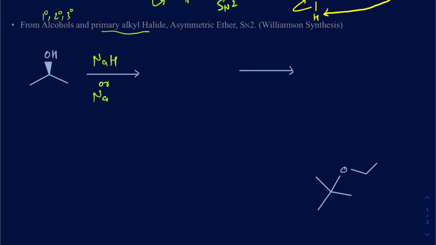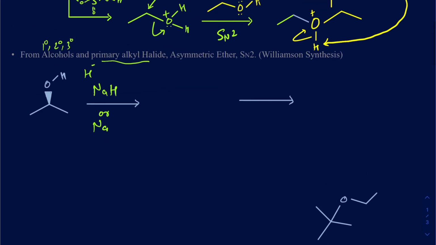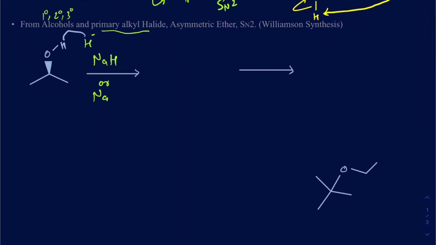Let's suppose in the NaH case, I've got this H minus, and it's going to grab this proton here. I'm going to change that with the bond here. It grabs this proton, does an acid-base reaction, and you create this alkoxide here.